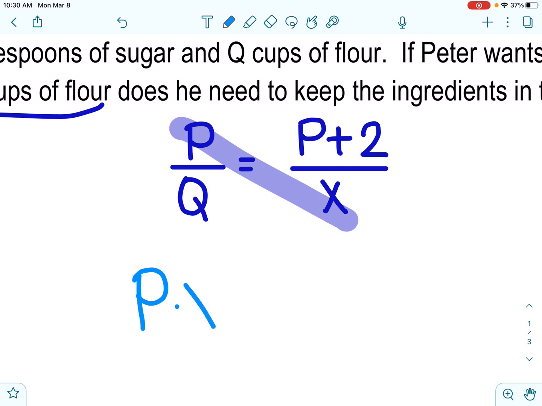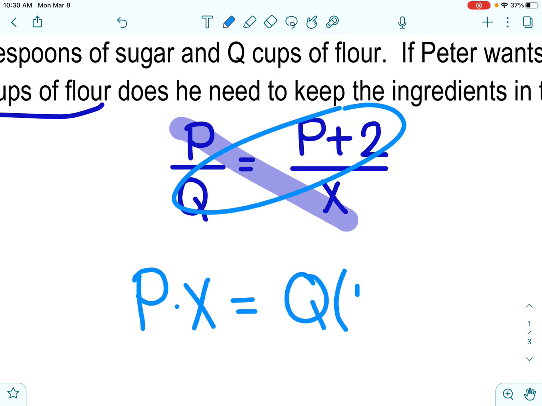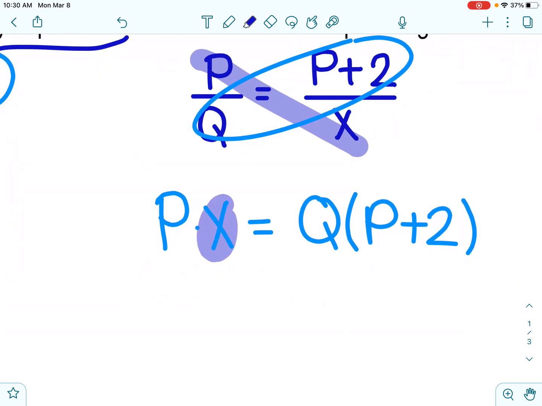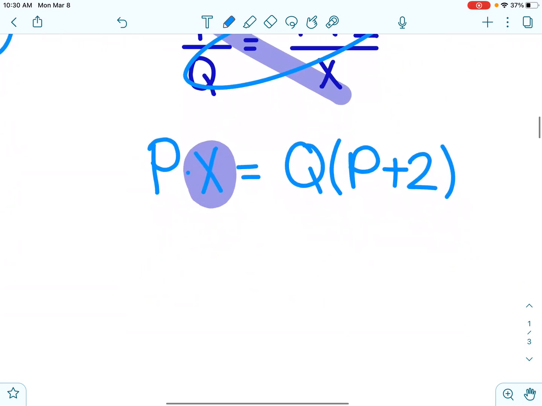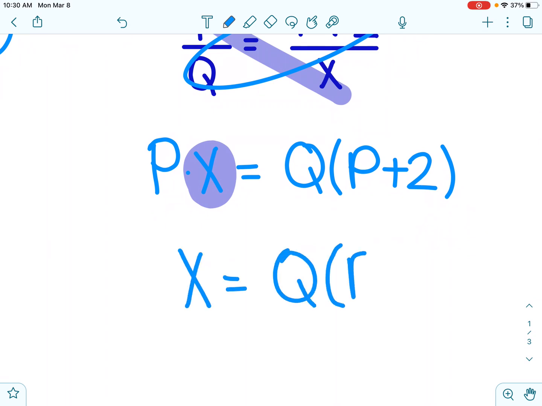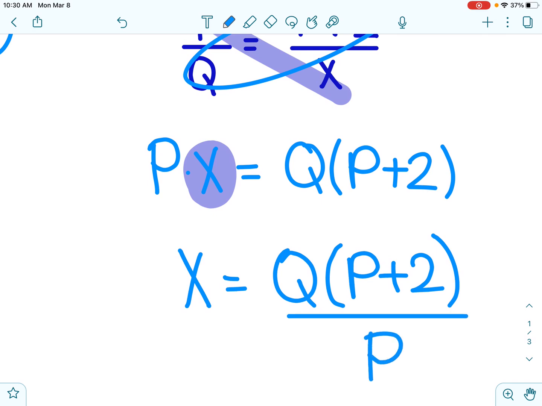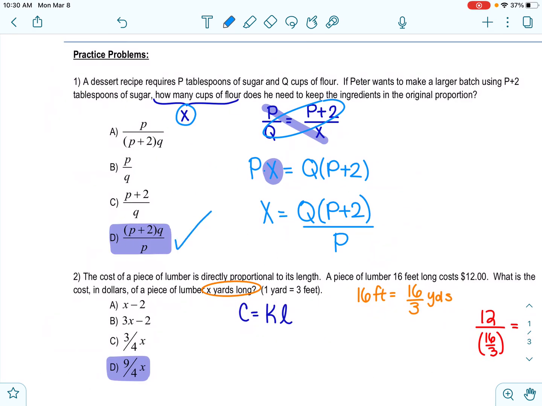We get P times X equals Q times P plus 2. And we're just going to get the x by itself because that's what I'm looking for. That's the unknown. So x equals Q times P plus 2 all over P. And that answer choice is D. They wrote it in a different order, but that's okay.